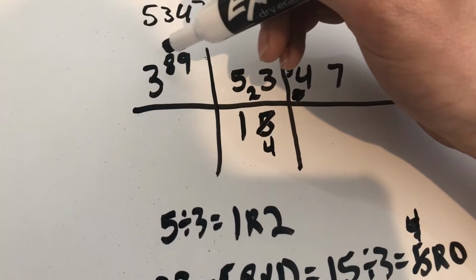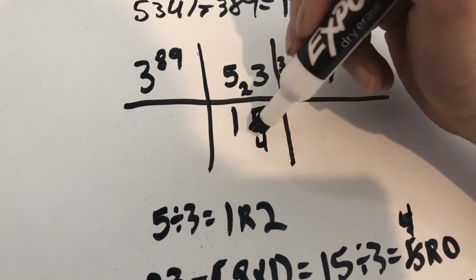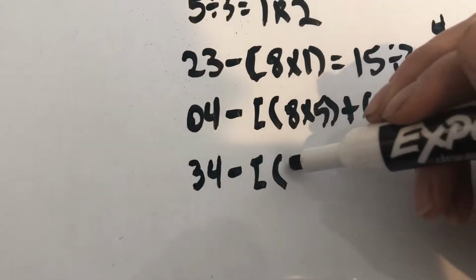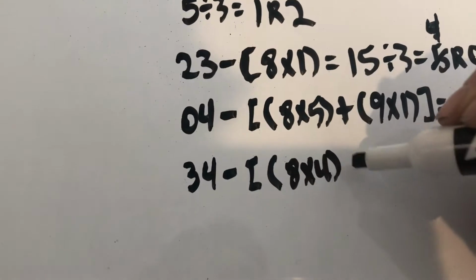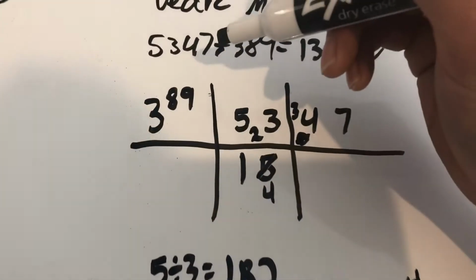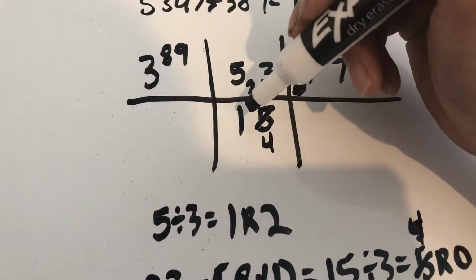Minus the first flag, 8, times the second quotient, 4, plus the second flag, 9, times the first quotient, 1.